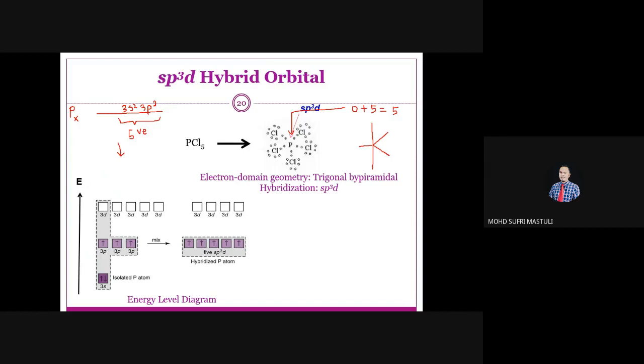Remember, as I said, the third shell has 3s, 3p, and also 3d. This is why in the energy diagram of phosphorus, we have 3s2 and also 3p3, 1, 2, 3, and the empty 3d orbital. The d orbital holds 10 electrons. This is why they have 5 boxes. 2, 4, 6, 8, 10.